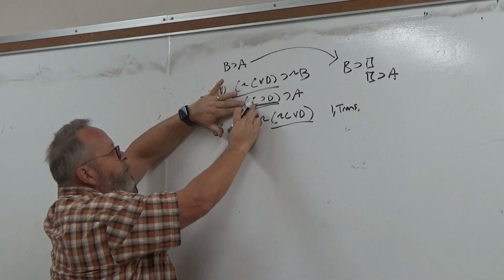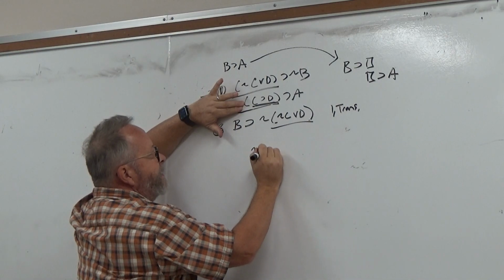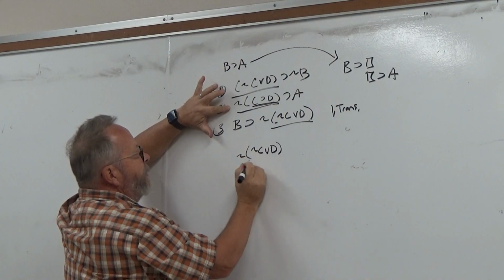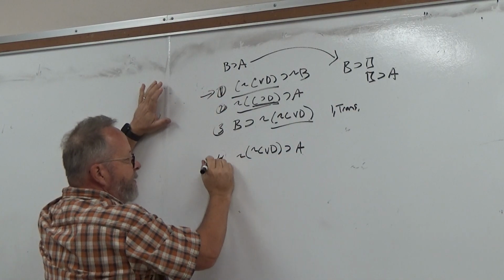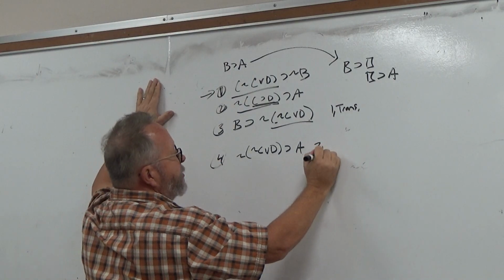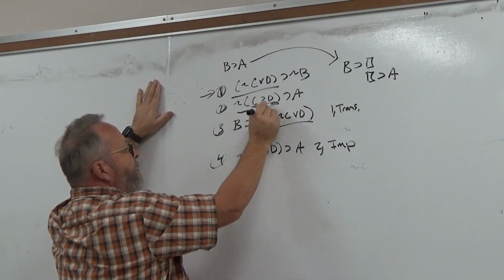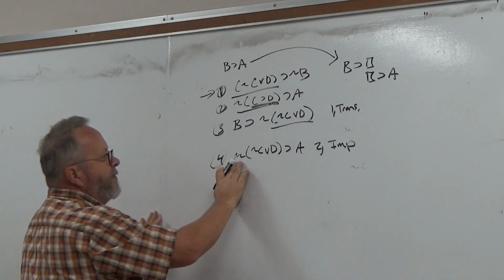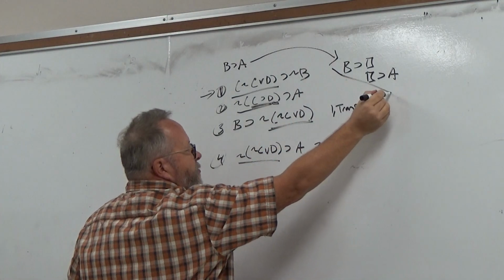So if I did material implication on this, it would become not C or D, and everything else we have to keep the same. And so this is what we get from 2 after doing implication on just that part. Does everybody understand? And now this looks exactly like that, so I can use this strategy.